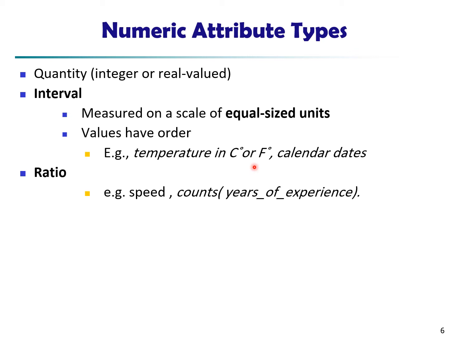Now, with degrees Celsius or Fahrenheit, we say that there is no zero reference point, because when you go to 0 degrees Celsius, you can also go to minus 10 degrees Celsius. You can go to minus 20 degrees Celsius.